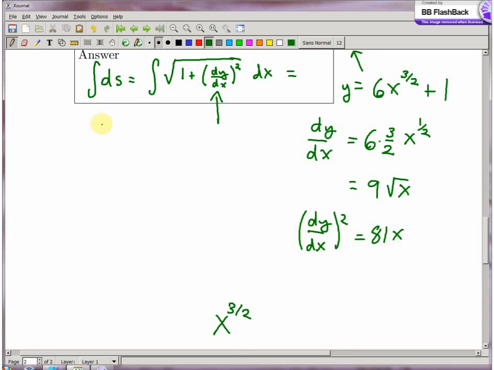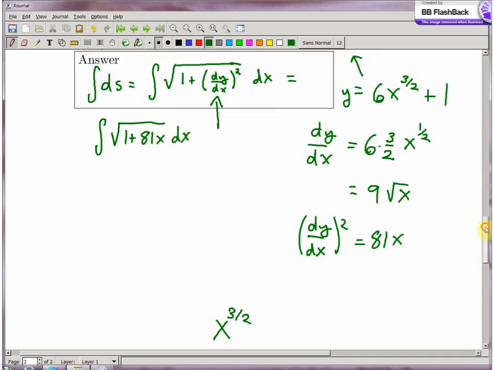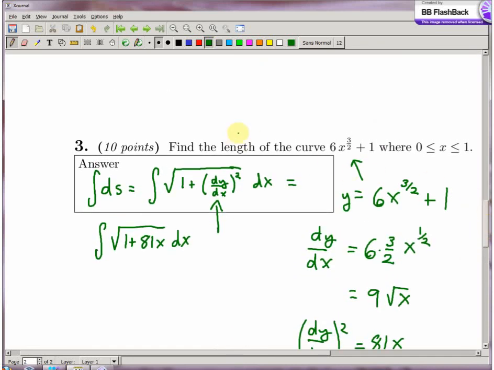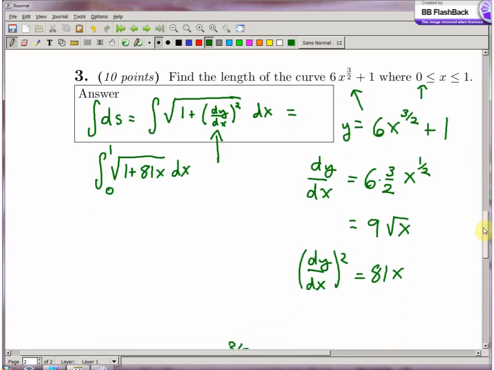So this is what we're integrating here. You can see that we're integrating the square root of 1 plus 81 times x dx. And there are limits. So the length of the curve between these two values. So these should be here. Alright, so we just have to take the integral here from 0 to 1.